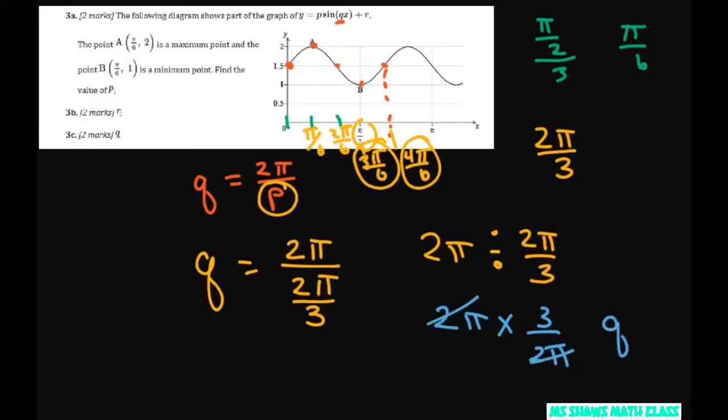So Q equals 3. So finally your equation is going to be y equals P, your amplitude, which is 1/2, sine of 3x plus your center line or your midline, which is 1.5.